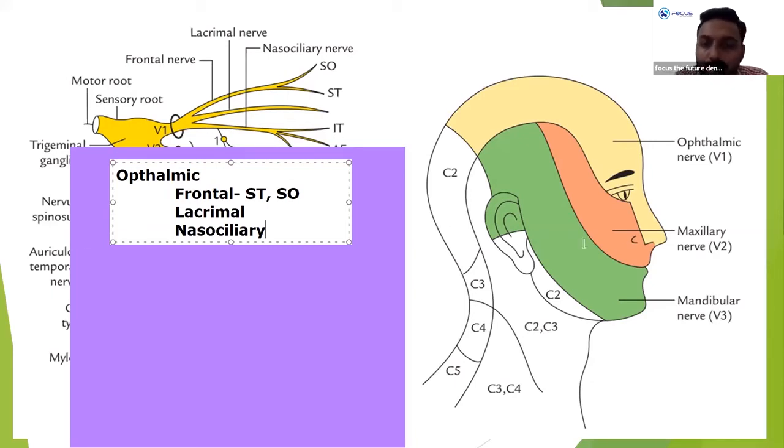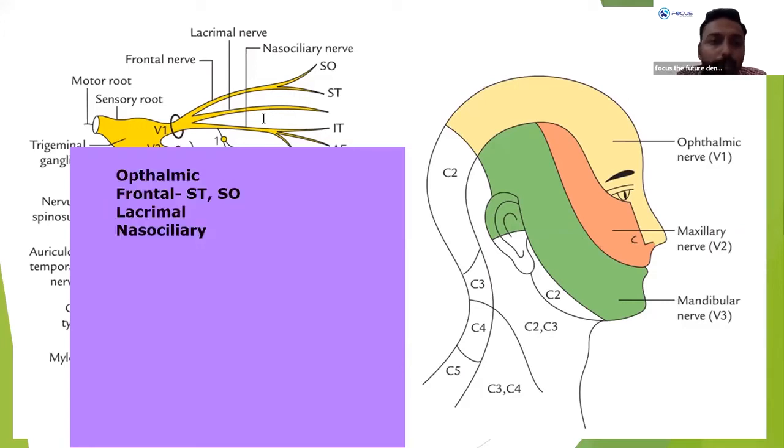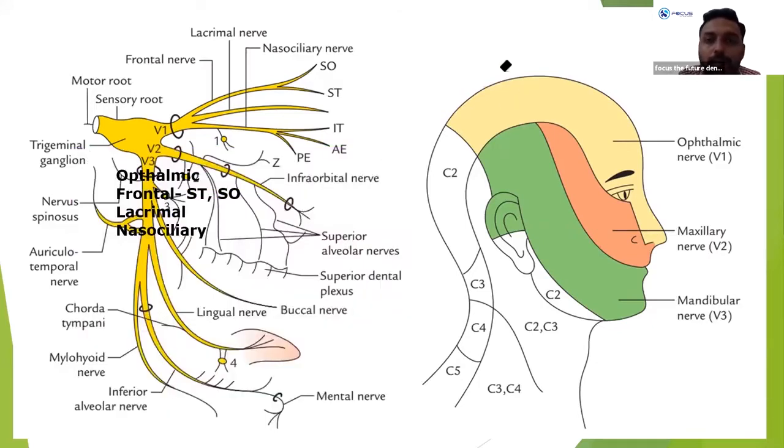Now let's see the branches of. Just mark and show you. Yes, some of you can answer this. So I told you the frontal nerve has supraorbital nerve and supratrochlear nerve. The lacrimal nerve goes as such. What is this? Infratrochlear. Okay, branch of your nasociliary. What is this one? And what is this one?